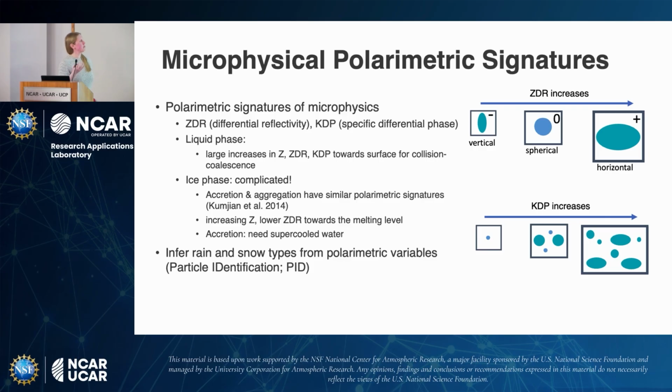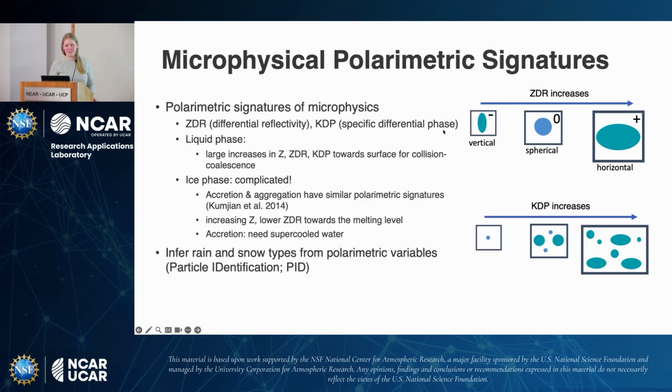the great thing about polarimetric radar as opposed to single pol radar is that you get both horizontal as well as vertical dimensions of the raindrops, hydrometeors, et cetera. And so 2 key variables that we focus on are ZDR, which is differential reflectivity, which is basically the ratio of the horizontal and the vertical dimensions of the raindrops.